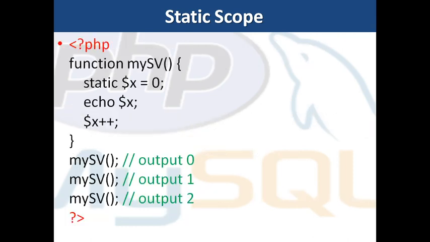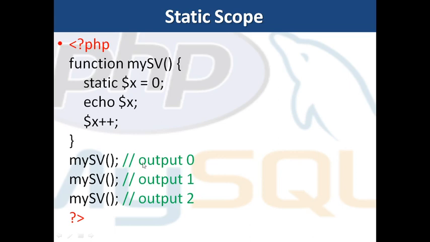Static scope. A function is created, function mysql, static $x. A static variable is declared whose value is 0. Echo $x is used to output on the screen. $x++ is used to increment after printing it. And here we have called the function mysql 3 times.